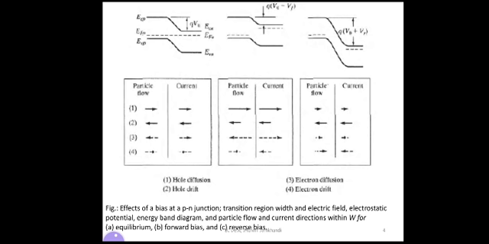We assume that the Fermi level drop inside each neutral region is essentially the equilibrium value. Therefore, the shifting of energy bands under bias implies a separation of the Fermi levels on either side of the junction.